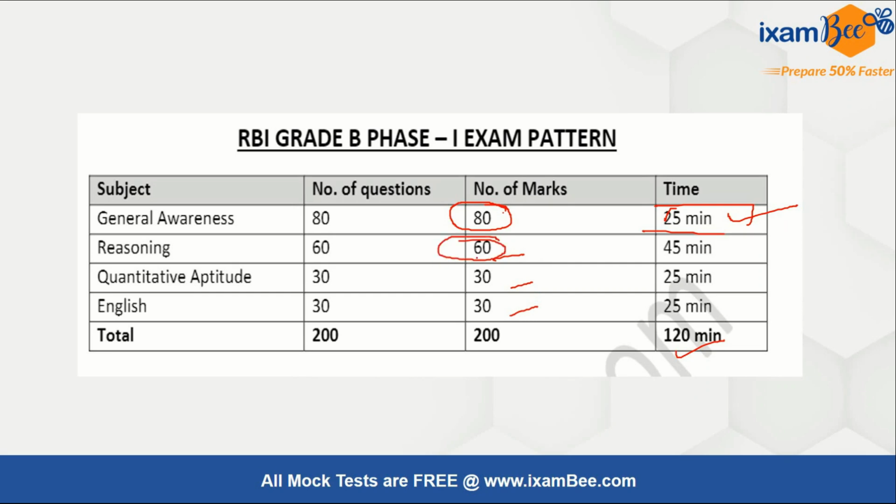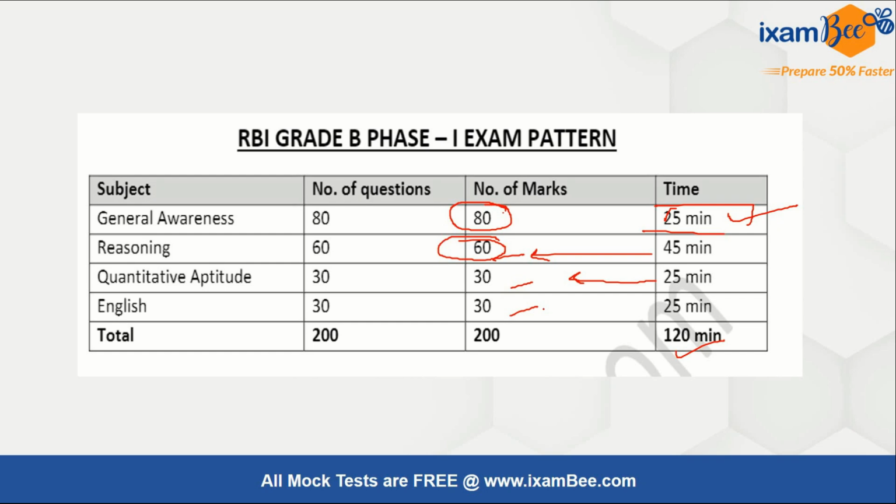Get your best. In 45 minutes, you can do a lot in reasoning. For quant, the time is going to be very, very less. Here you have to skip a lot, so pick up only the questions where you know you can solve them. You shall ensure that you get the minimum sectional cutoff in quant, reasoning, English, everywhere. There are many students who miss this.